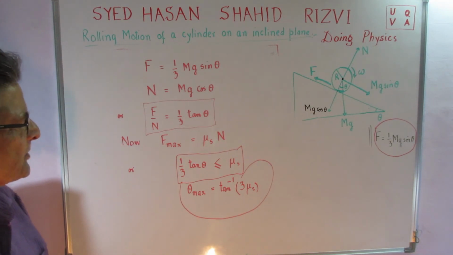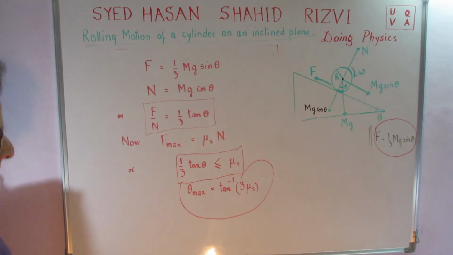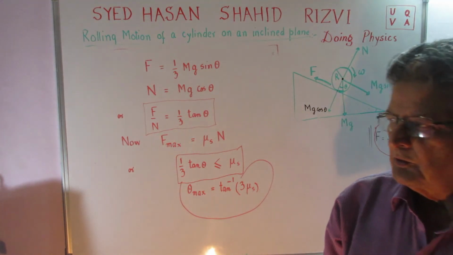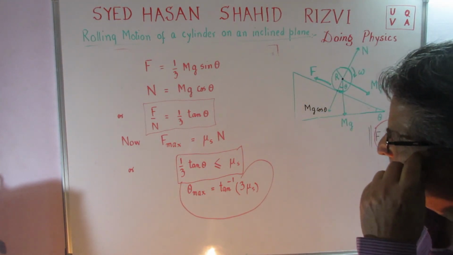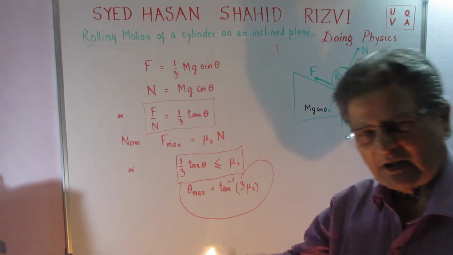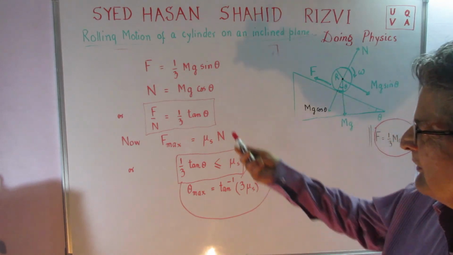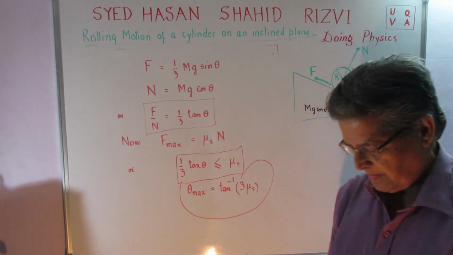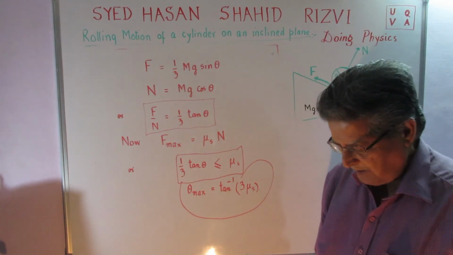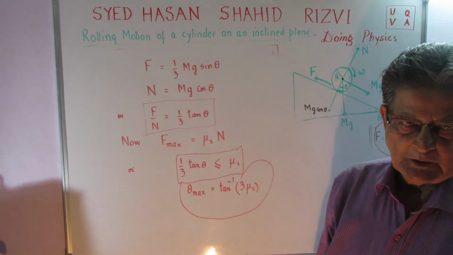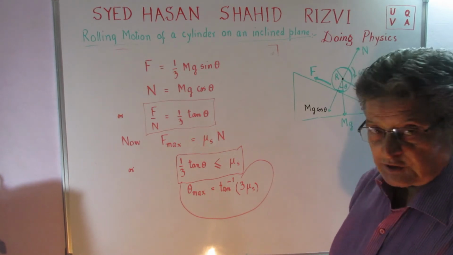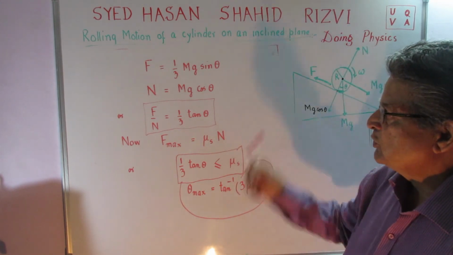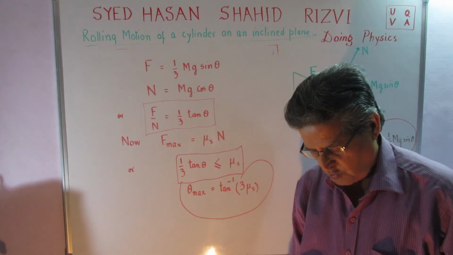A lot of things we have done in this chapter: distributed masses in the form of a rigid body, angular momentum, the conservation of angular momentum, and how to find the value of I, how to find the value of tau, etc. So we are now equipped to deal with many other similar problems, and it's for you to search the problems and apply yourself, and I hope with the training that I have given you here, it should be possible for you to apply yourself and obtain the results.